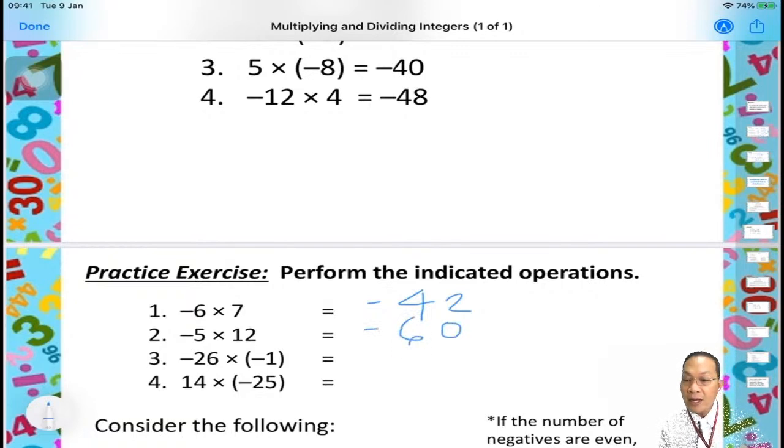Okay, number 3. What's the answer for number 3? Okay, you answered correctly. Negative 26 times negative 1.